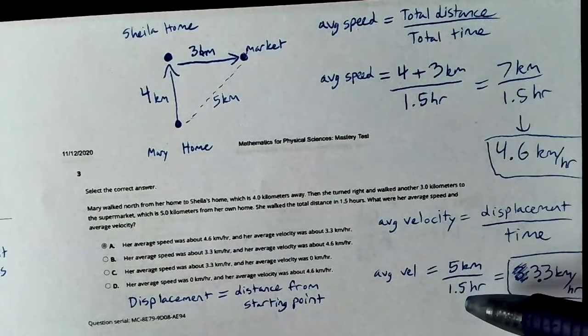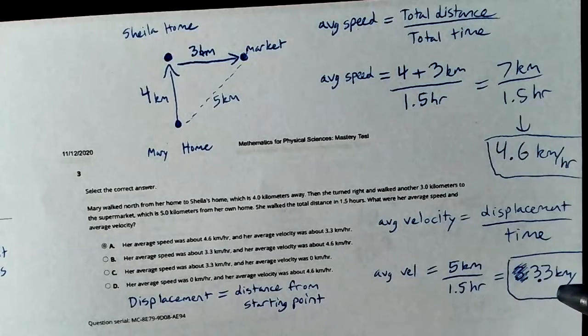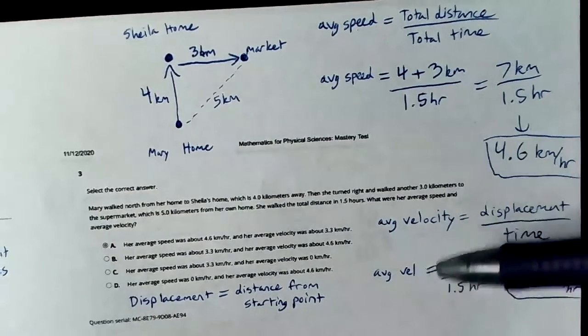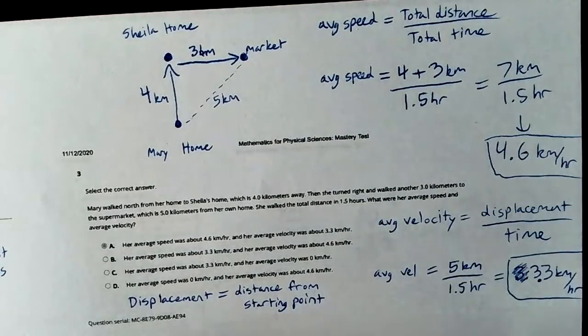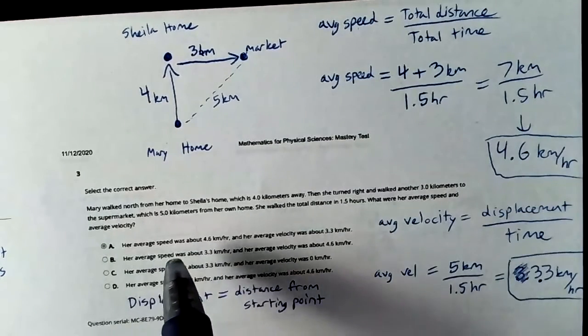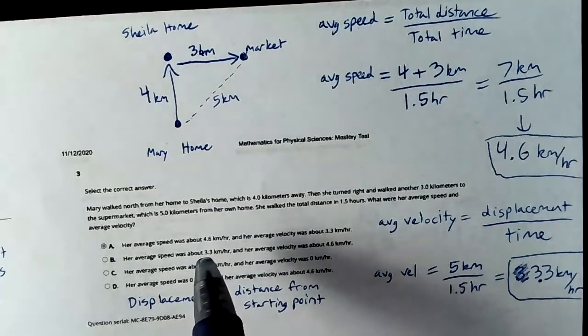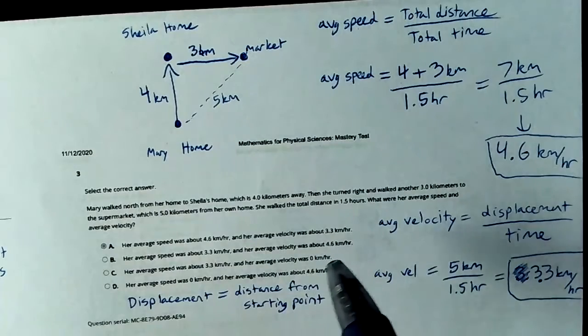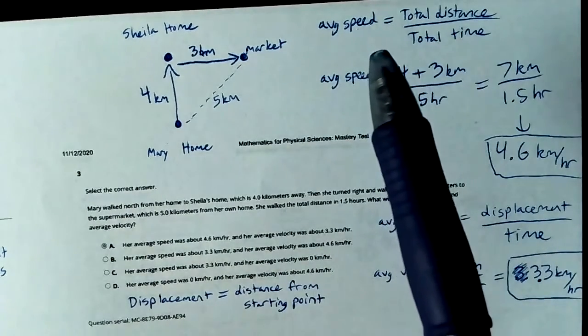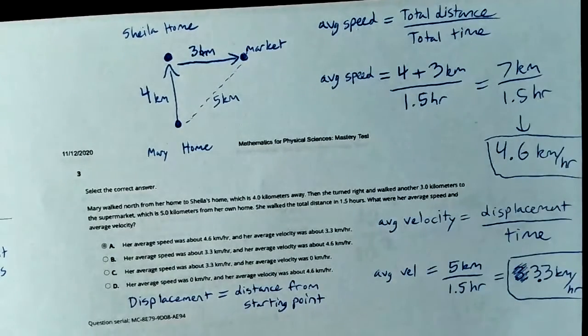We have 5 kilometers divided by 1.5 hours to get 3.3 kilometers per hour. I made a mistake, but it's 3.3 kilometers per hour. And that's her average velocity. So that would be this one. Average speed was about 4.6 and average velocity about 3.3. So keep in mind that speed and velocity are slightly different.